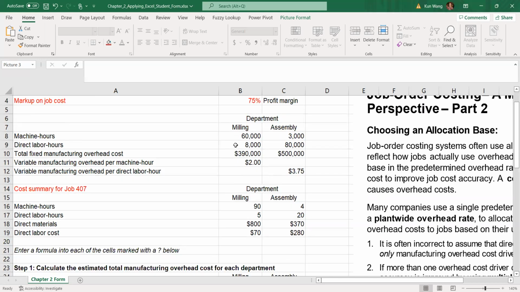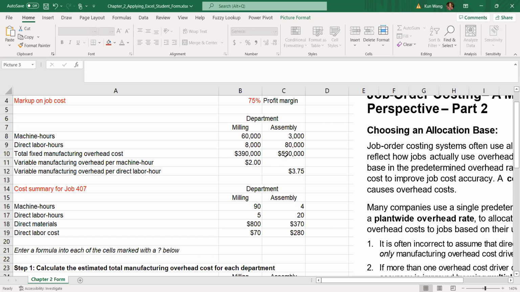The milling department is mainly driven by machine hours, because we have many more machine hours incurred than direct labor hours. By the machine hour dominance, we use the machine hour as the allocation base for the milling department. The variable overhead is $2 per machine hour, the estimated variable overhead per unit based upon prior historical data with adjustment.